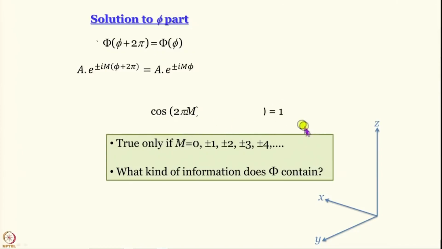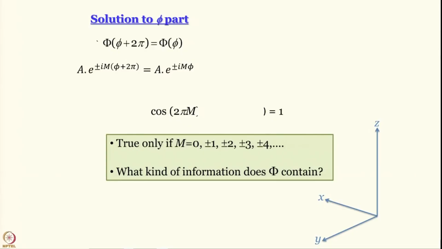Phi is essentially the angular displacement between the x coordinate and the projection of the position operator in the xy plane. So, suppose the projection starts from x axis and starts going round, phi increases. So, phi corresponds to circular motion in the xy plane.